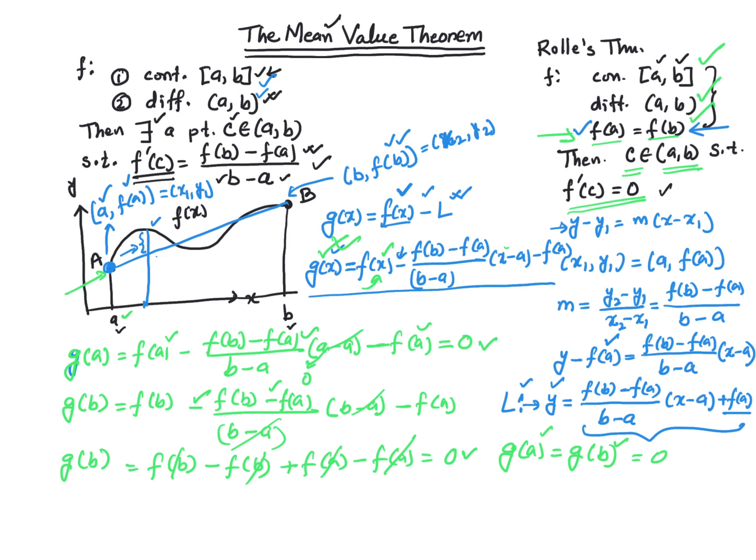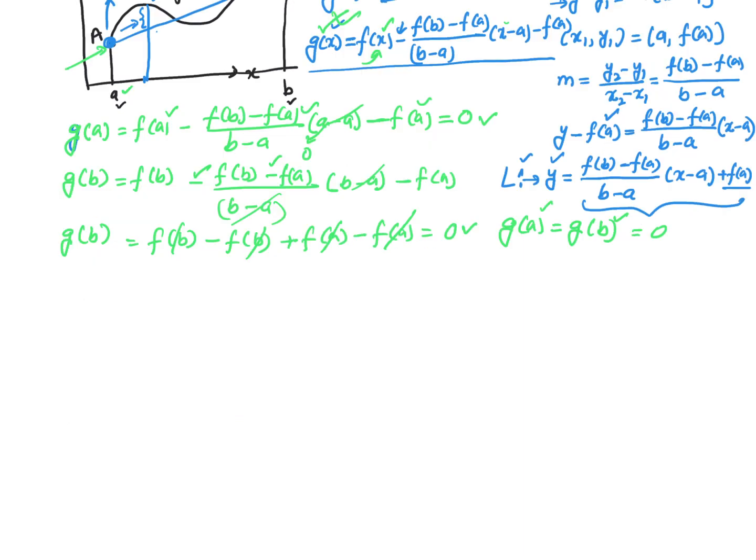In our case, it's going to be g prime of C that is equal to 0. So we are going to have a point C in the open interval AB such that g prime of C is equal to 0.